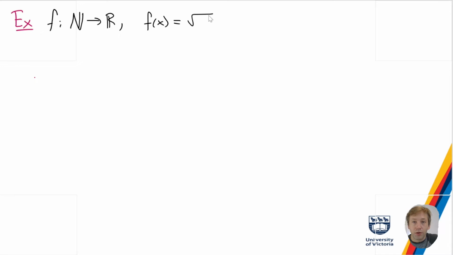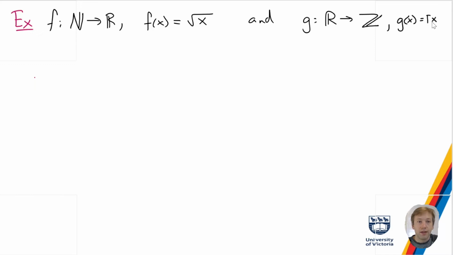So for example, suppose I take f mapping from the naturals to the reals, defined by f of x is the square root of x, and g maps from the reals to, let's say, the integers, by taking g of x to be the ceiling of x.